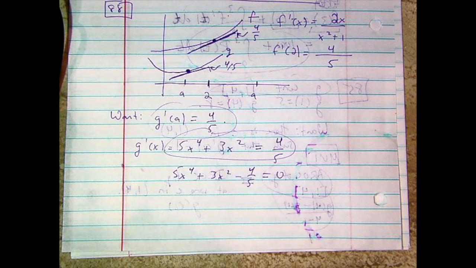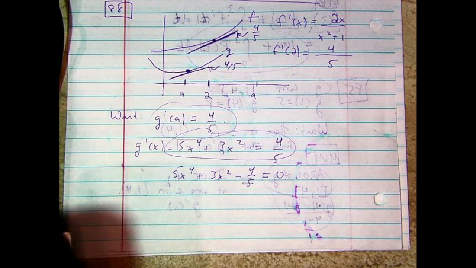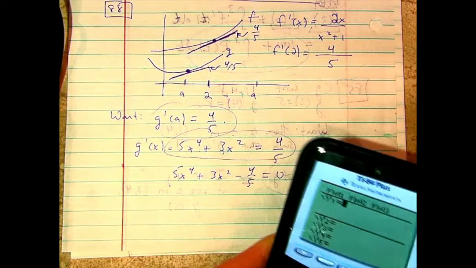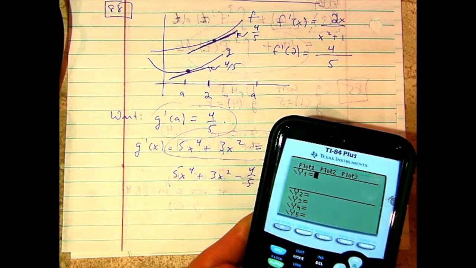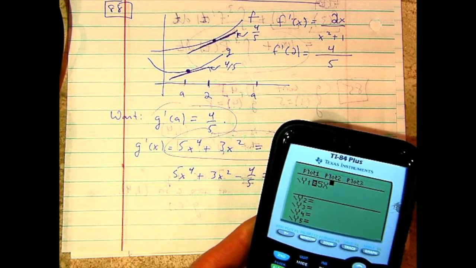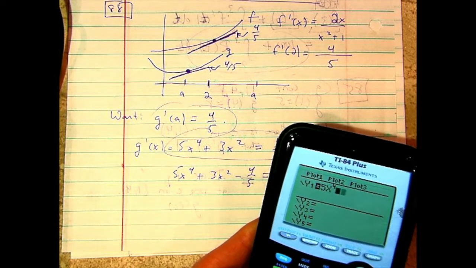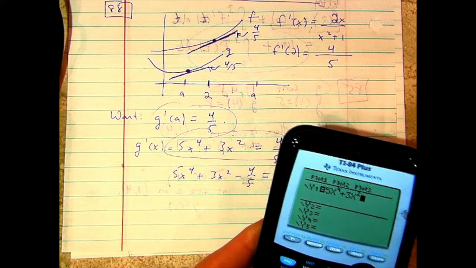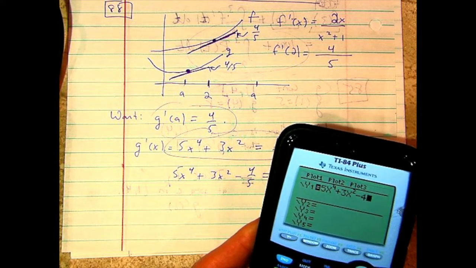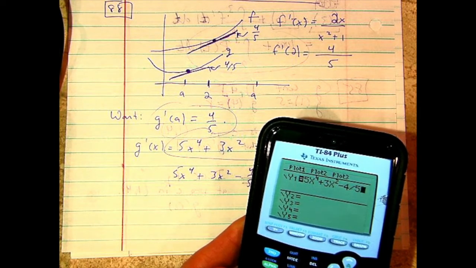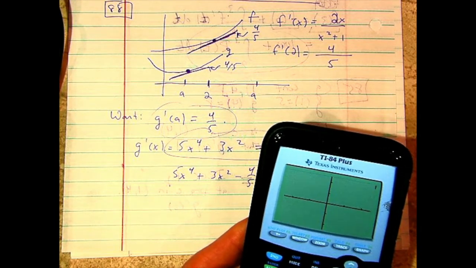So let me get my calculator here. I first type that function in: 5x to the 4th plus 3x squared minus 4/5. Okay, looks good. And now I'll graph this thing.